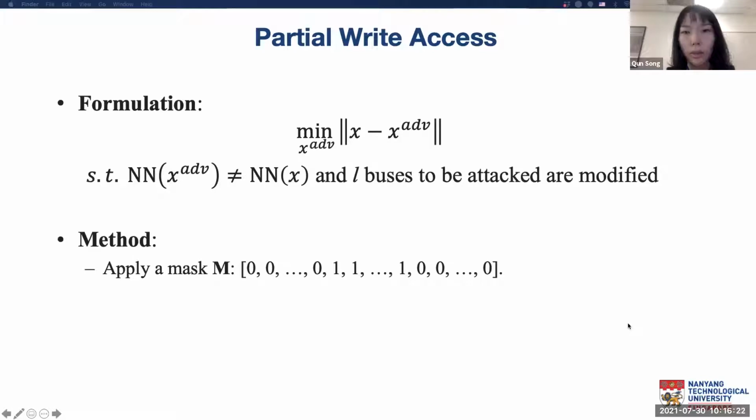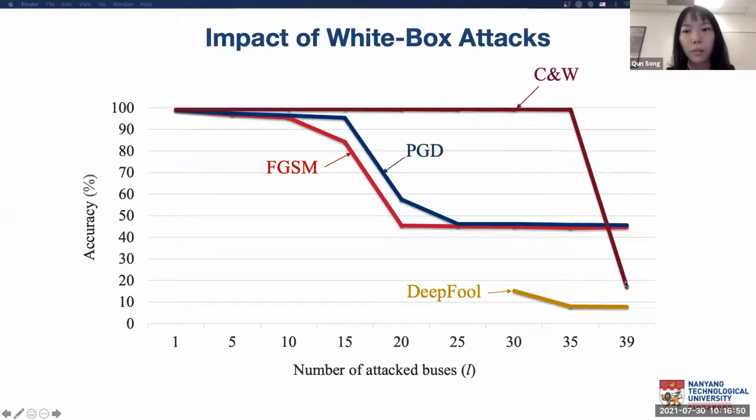To implement such a partial attack, we apply a mask M. M is a matrix that has unit values in the area corresponding to the L buses where the adversarial perturbations are added, and 0 values in the area where no perturbation is added. During the attack construction, the computed adversarial perturbation in each iteration is multiplied by M and added to each clean example. And we implement this partial perturbation in our experiments.